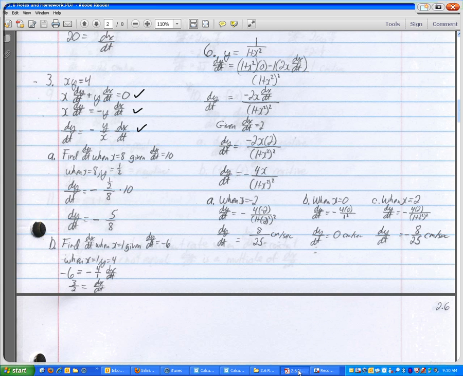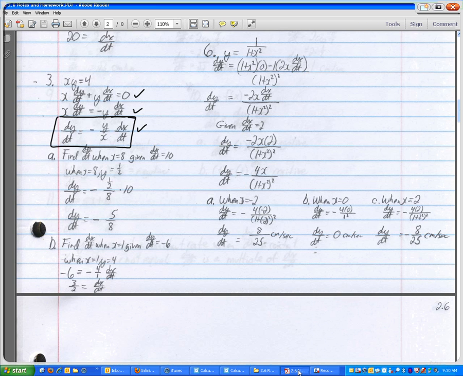So, you've got options as far as that goes. So for part A, find dy/dt. So if I'm going to find dy/dt, I might as well use the form where I've got it all solved for dy/dt, right? When x equals 8, given that dx/dt equals 10.